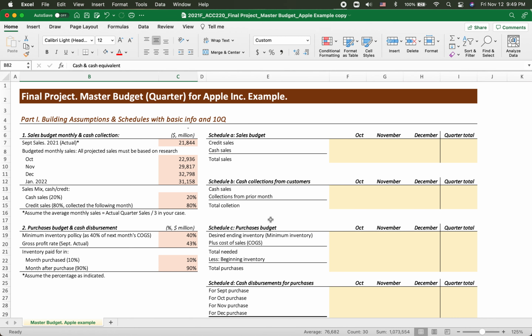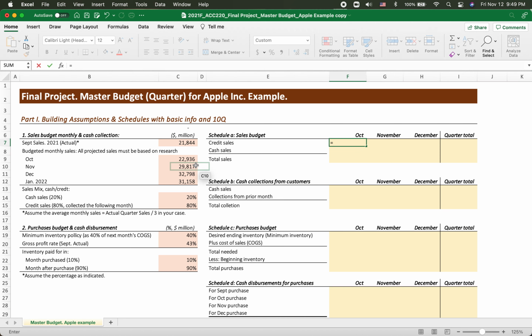To construct the schedules, first, credit sales and cash sales. How do we get the credit sales, right? Here we go. On October, this amount times 80%. Yeah, 80% is the credit sales.